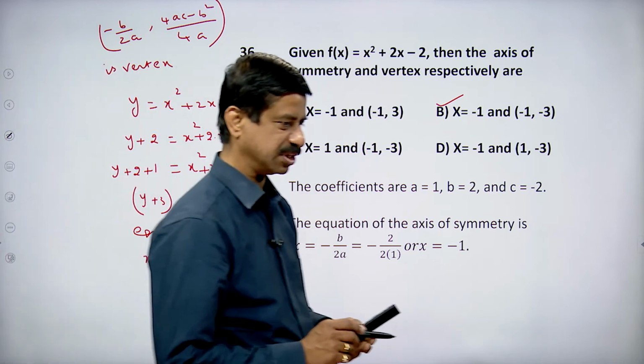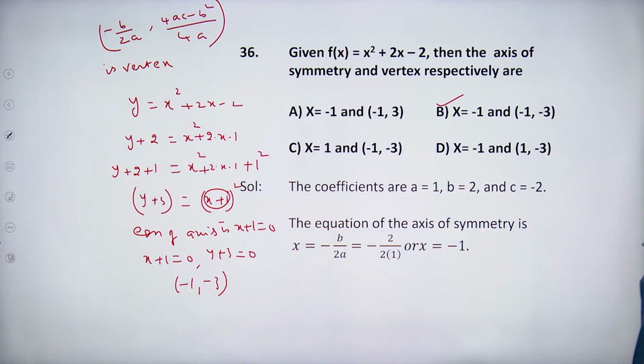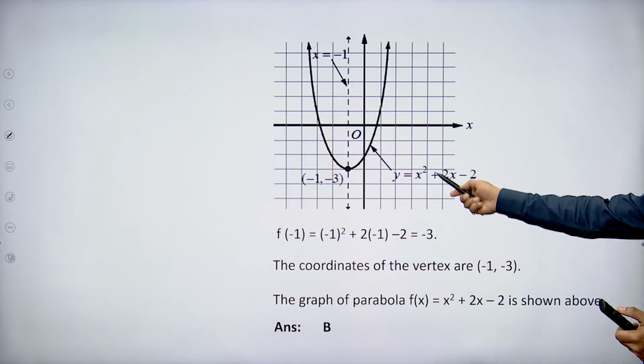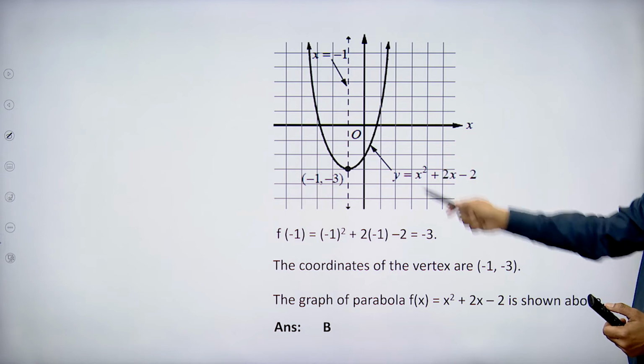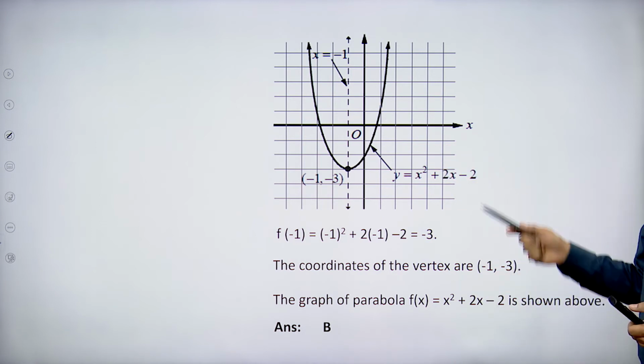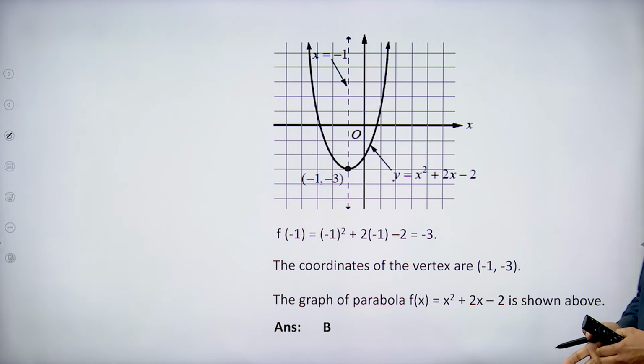Take a screenshot of it children, fast. Right, so let us go to the next solution. See, the graph explains it very clearly. Okay, so therefore this is what you will be getting. You can take this screenshot also, it will be very easy for you to understand.